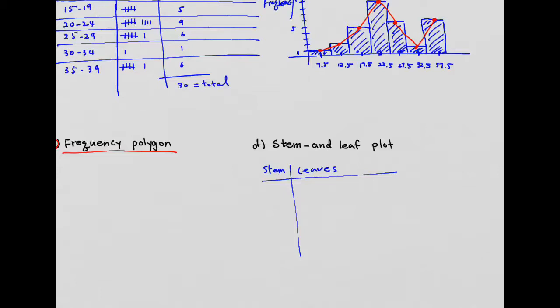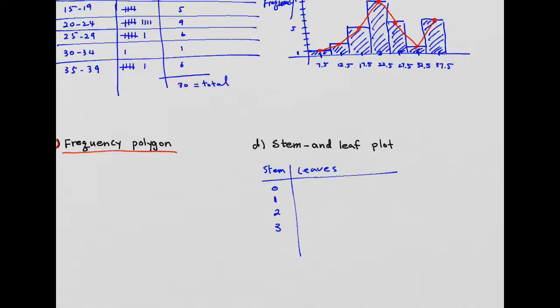So if you have 1 through 9, you're going to write it in this line, right? If you have 1 through 19, you're going to write it in this line. You have 2, so 20-something, right? You're going to write this line, 3, 30-something, and that's what you have, right?